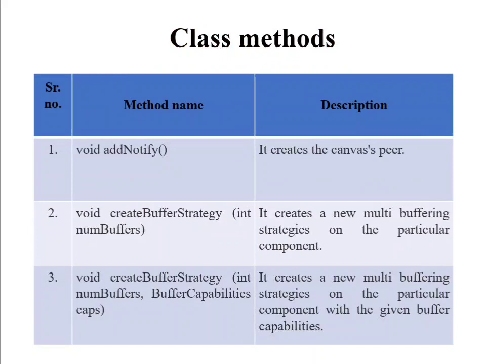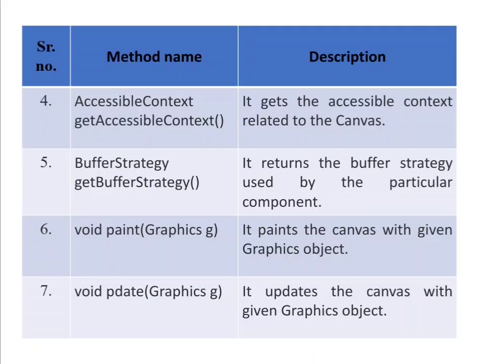Next is void update(Graphics g), which updates the canvas with the given graphics object. Then the methods inherited by the Canvas class: Canvas has inherited the above methods from the following classes, java.lang.Component and java.lang.Object.